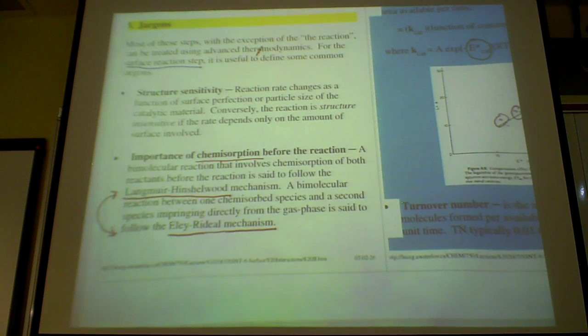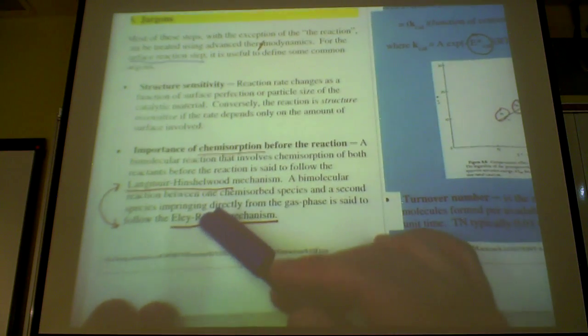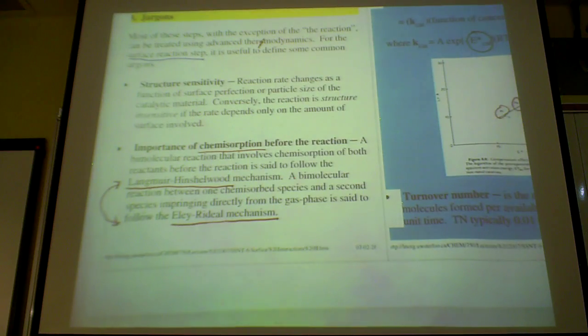Okay, as opposed to the Eley-Rideal mechanism, whereby you only need one of them on the surface. In the Eley-Rideal mechanism, one adsorbate is on the surface, and the other reactant can come from the gas phase. The second species can come directly from the gas phase and then react with what's on the surface.